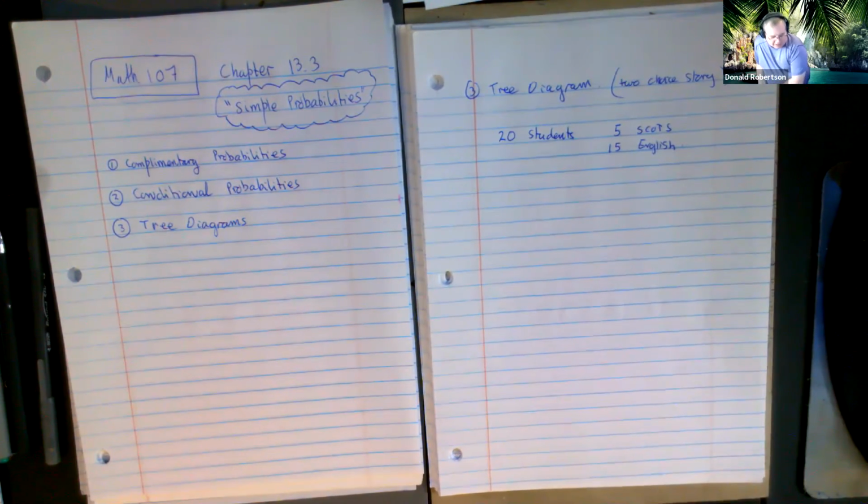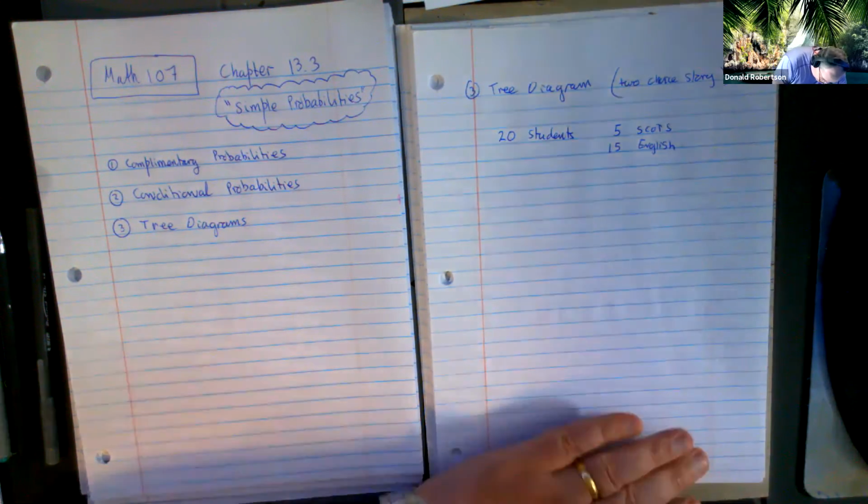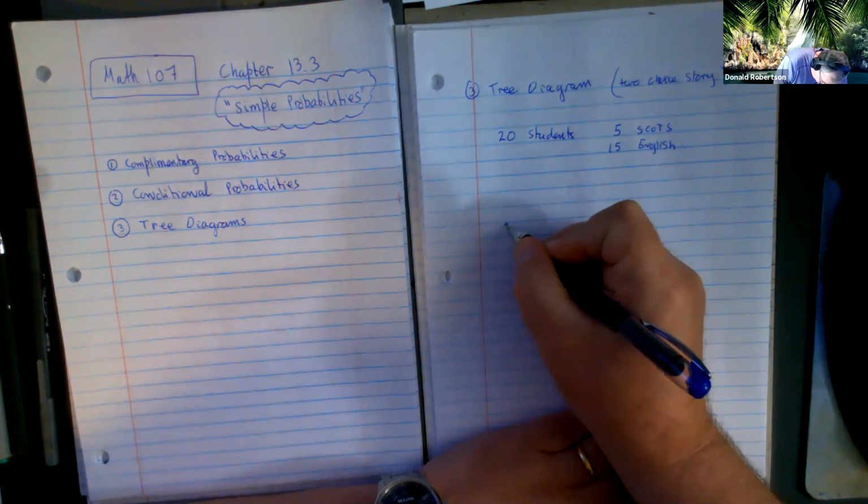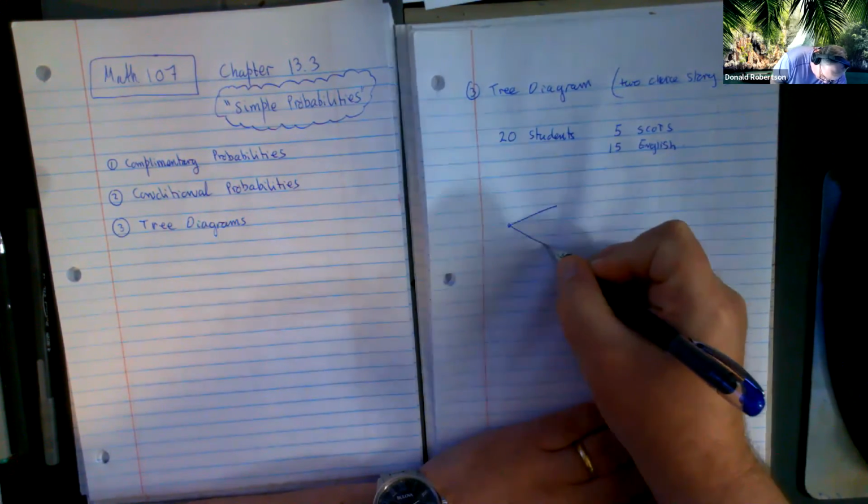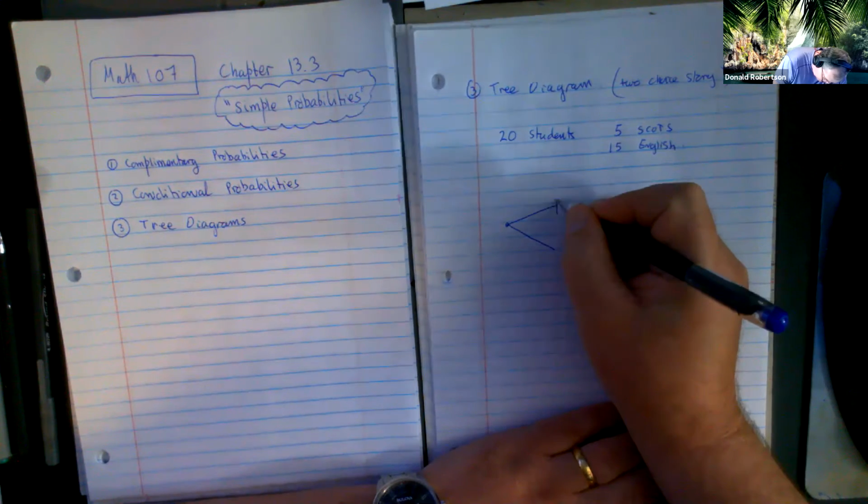So we're in Britain and there are 20 students in this class and 5 are Scottish and 15 are English. And in this 2-choice story, you're going to pick 2 people from the class without replacement. In other words, when I pick somebody, they're used up. And we are going to create a tree diagram to try and show what that would look like.